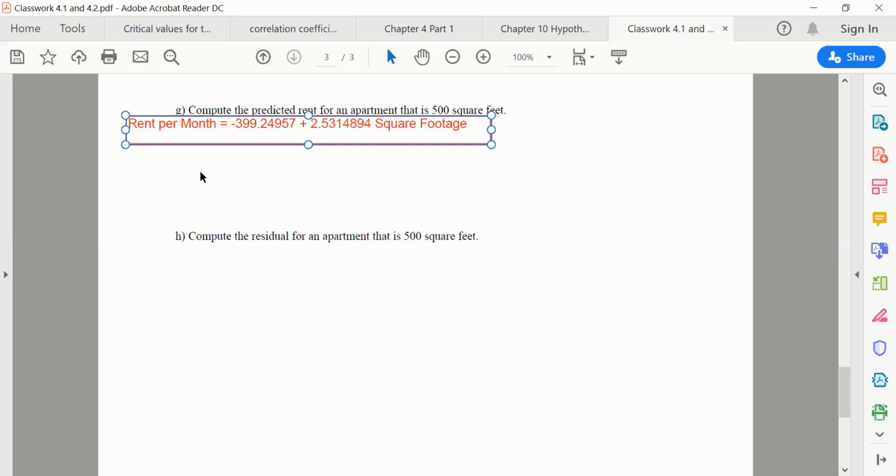So my rent is equal to minus $399.25 plus 2.53 times my number of square feet, which will be 500 in this case.